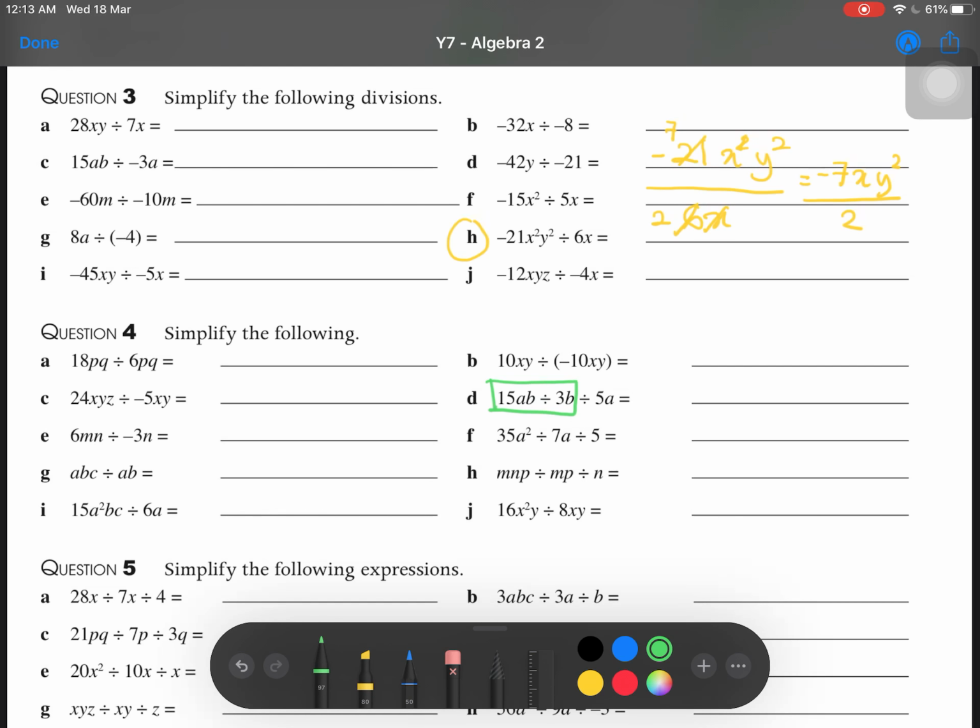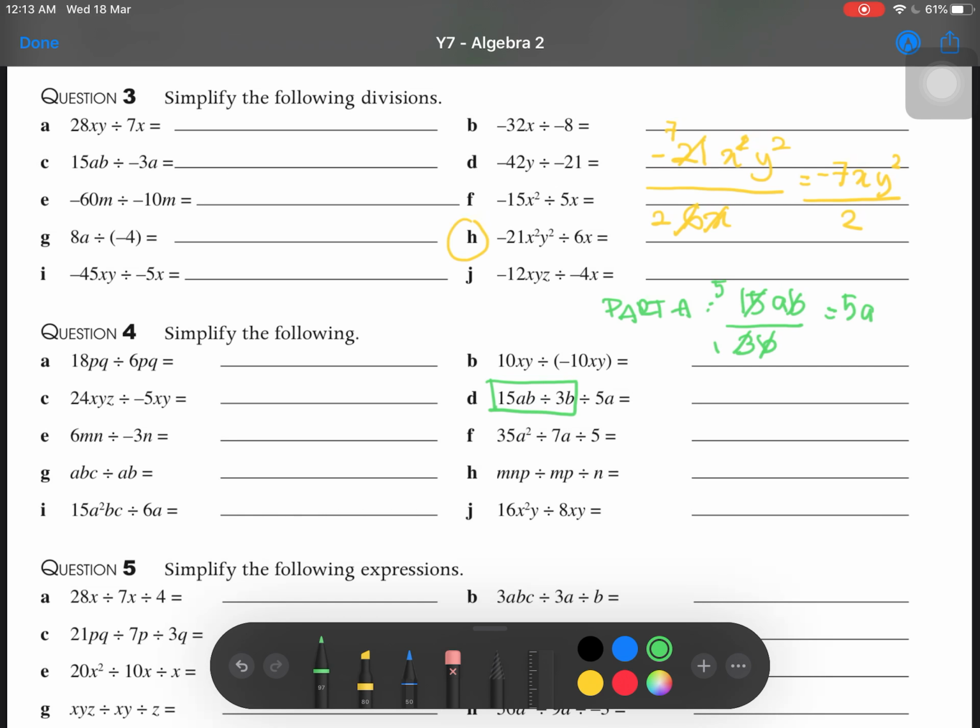So we call it part A. Okay, so part A, we have 15AB over 3B, and 15 and 3 are both multiples of 3, so you divide them, and then B1 can be cancelled top and bottom, so it leaves you with 5A.